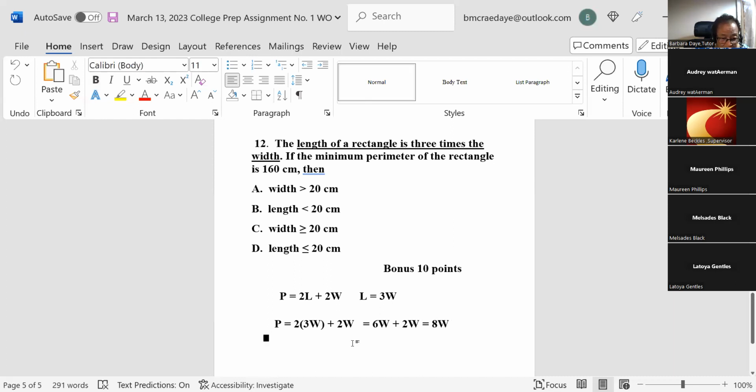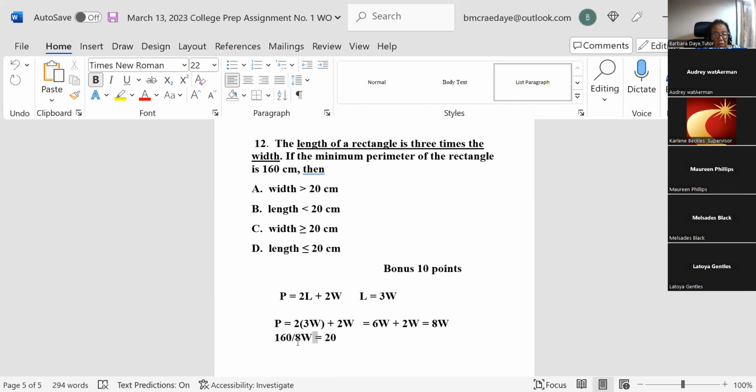In other words, 160 divided by 8W equals 20. Okay, so that means your W is, let me put this capital, just like I have capital here, over 20.